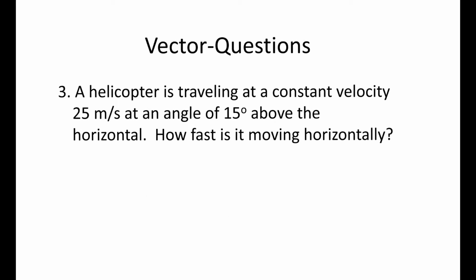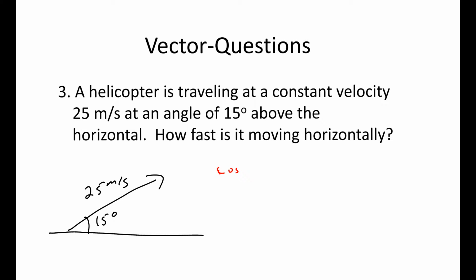Number 3, a helicopter is traveling at a constant velocity of 25 meters per second, at an angle of 15 degrees above the horizontal. How fast is it moving horizontally? So draw our helicopter, 25 meters per second. There's the ground. That angle is 15 degrees. We're looking for the ground side of that velocity vector. Cosine.